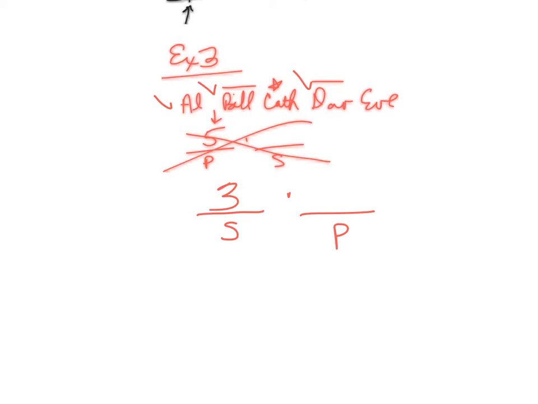If Alan's chosen for secretary, Bill, Kathy, David, or Evelyn can be president. 4. If Bill's chosen for secretary, Alan, Kathy, David, or Evelyn. That's 4. If David's chosen for secretary, we have Alan, Bill, Kathy, or Evelyn. We have 4 regardless of what happens first. So now I fit the uniformity criterion, and I get 12. 12 different ways to have a president and a secretary if the secretary must be a man.